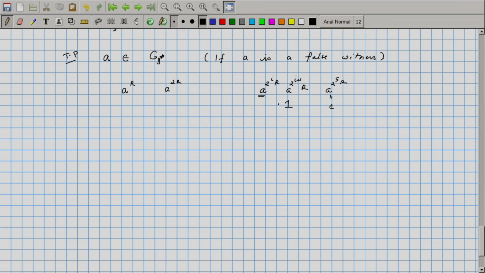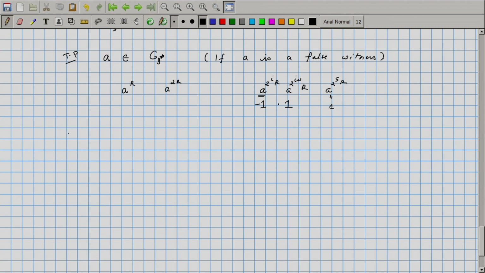So, we look at the last point at which there was a transition to 1. Since A is a false witness, at this point the only number that could have occurred is minus 1. Okay, because if it was 1, then of course, we assume that the last point at which a 1 appears is 2 raised to I plus 1, so this is not a 1. If it is not a minus 1, that means we have found a non-trivial square root of unity. Since both is not happening, we can conclude that A raised to 2 raised to I times R is equal to minus 1.